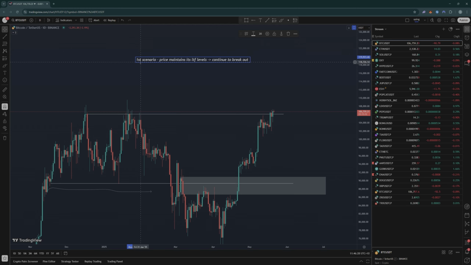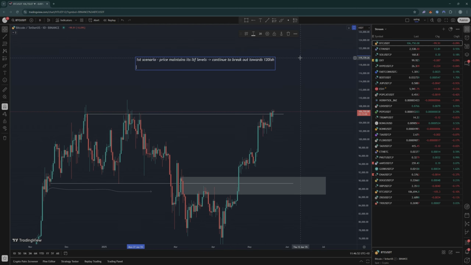It's going to be massive. If we hold the lower time frame levels, which I'll point out here in a sec, and we do continue to see daily strength, then I assume we head up to the 120s, 130s at least over the next couple of weeks. So there's that: continue to break out towards 120-ish.